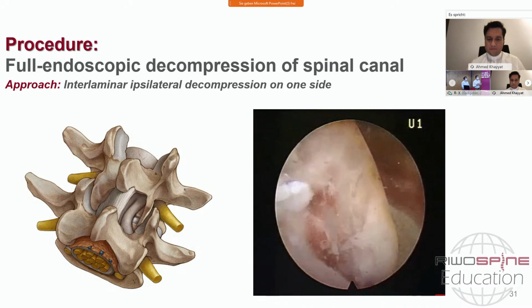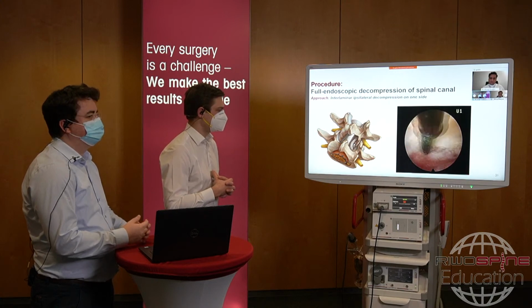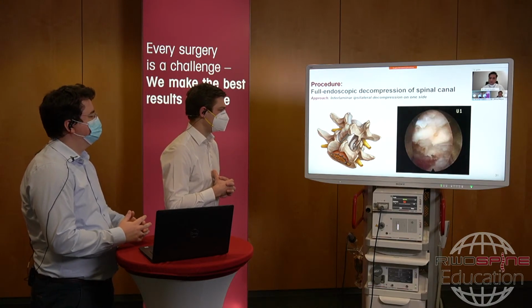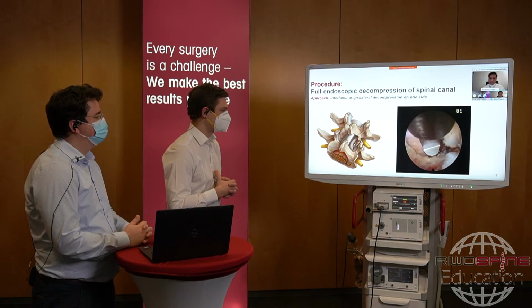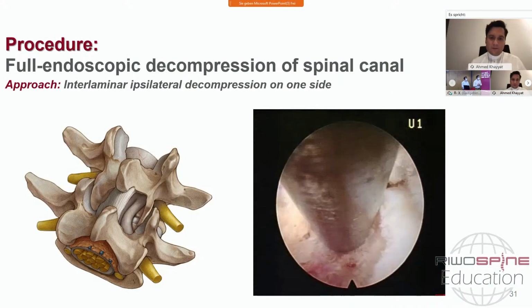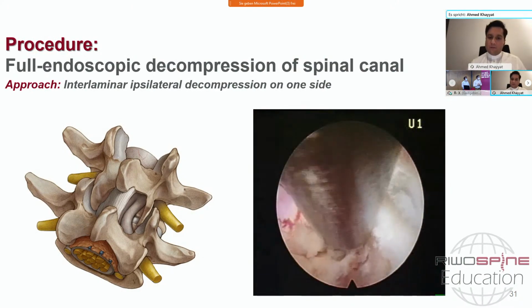So this is what you do just in ipsilateral decompression. And you can also use the Kerrison. Now we can open the flavum ligament to see the neural structure, and you go more lateral toward the foramen.